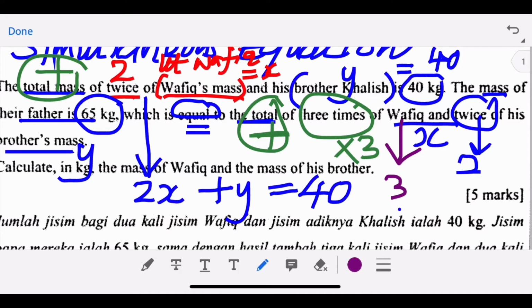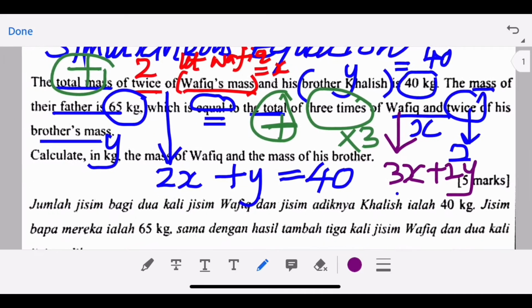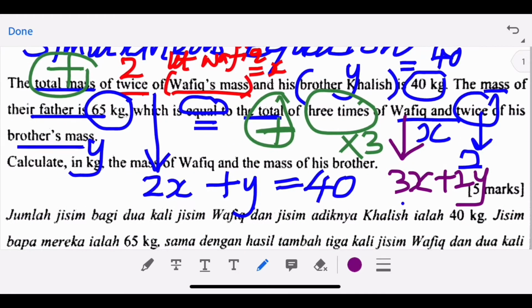We write 3, then followed by x, because it's 3 times of Wafid, right? And then because of the total, we plus 2, and Khalid's brother, we write y. And then total mass is equal to 65 kg, right? So now we have two simultaneous equations.